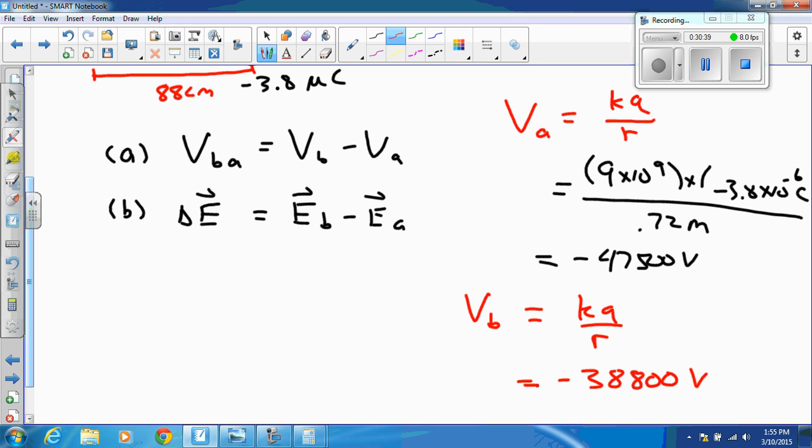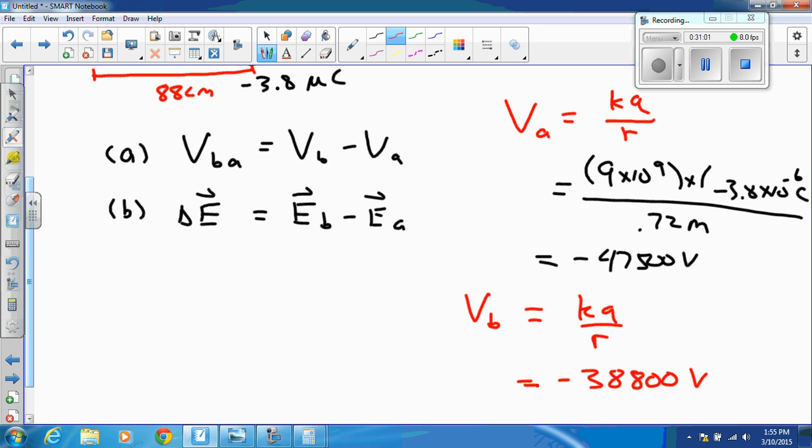What does this mean? First of all, does it make sense that this one is larger in magnitude than that one? Yes, why? Point B is further. That's right. Point A is closer. Point B is further. Okay. Does it make sense that both of them are negative? Yes, because negative charges produce negative potential, right?